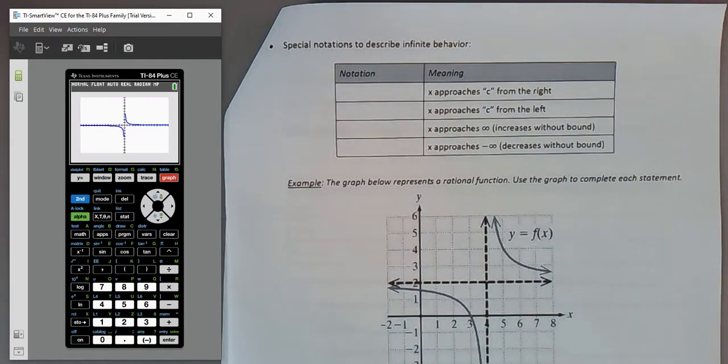We need to talk about the idea of approaching a value. This idea that we're getting really, really close to something, but we may never actually reach it, we may never actually touch it. Just like this graph of the reciprocal function is getting really, really close to the y-axis, but it's not really going to reach it, it just happens to get really close. We say that it's approaching a particular location.